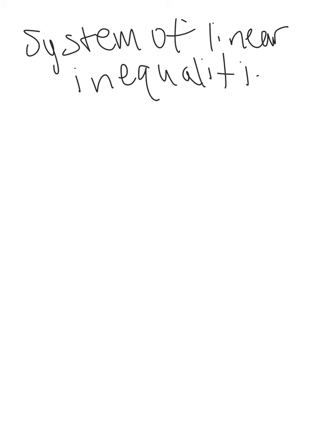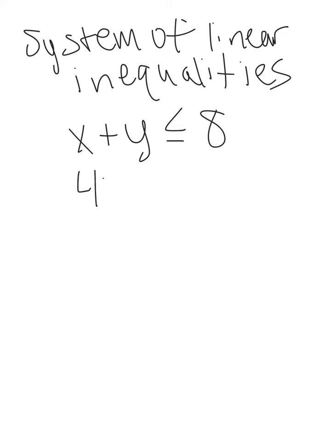Okay, so to start off the lesson, what is a system of linear inequalities? Well, they're sort of like a system of linear equations, except they're inequalities. So for example, we would just have two inequalities in two variables, such as this one right here.